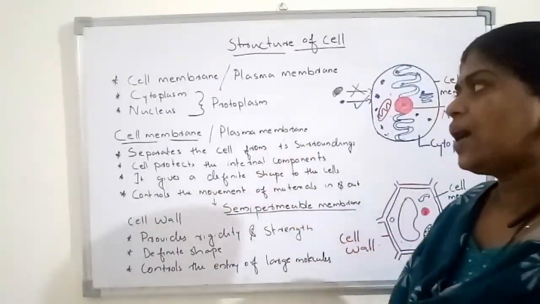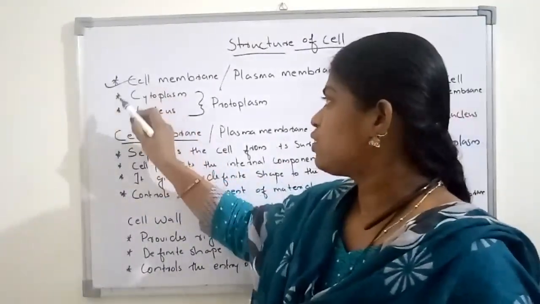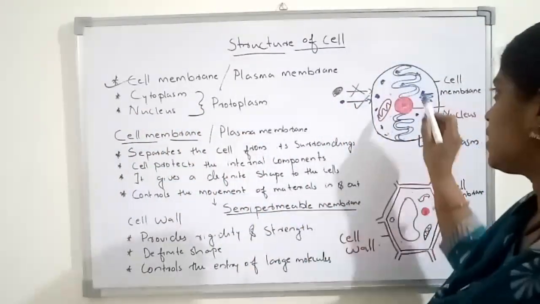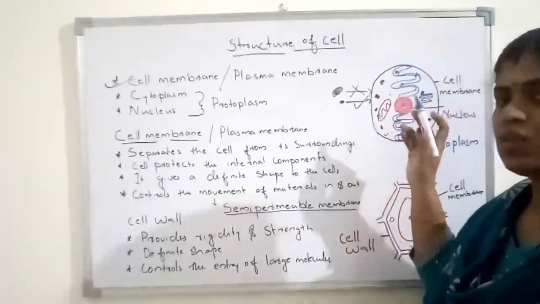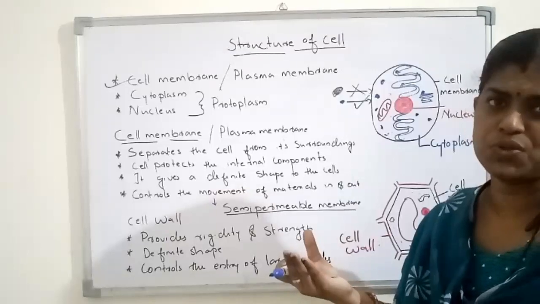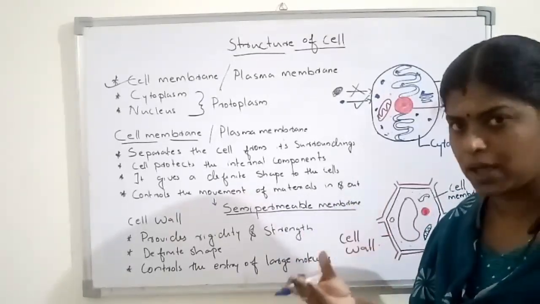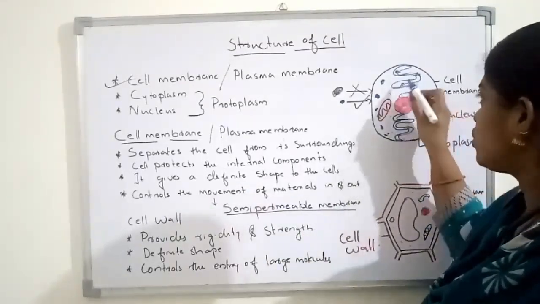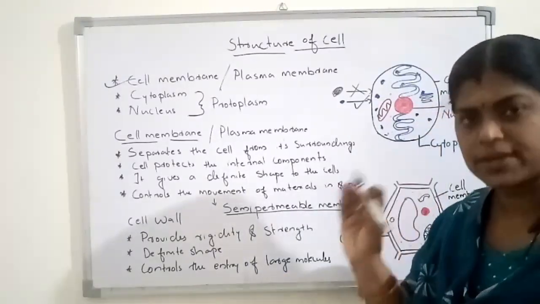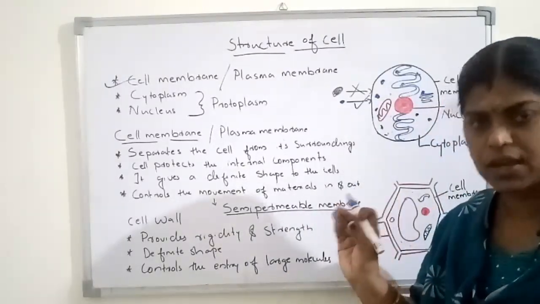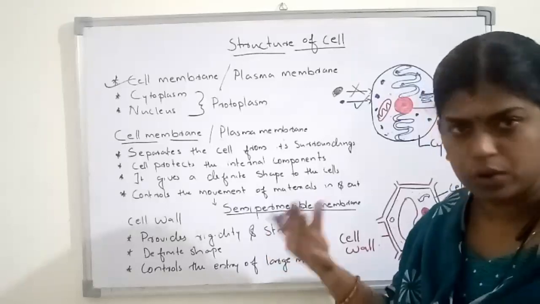Cell membrane, and cytoplasm that I have told you already: inside the cell membrane you can see a jelly-like substance that is known as cytoplasm. Cytoplasm has so many small structures inside, and we call them cell organelles.